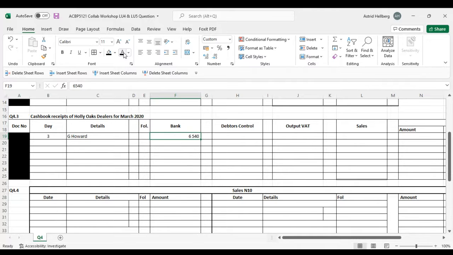Okay. Now, where do we take the VAT portion that we have to take out of it? To which account or column do we take the VAT? To which column do we take the VAT component that is included in that 650? That's correct, to the output VAT.